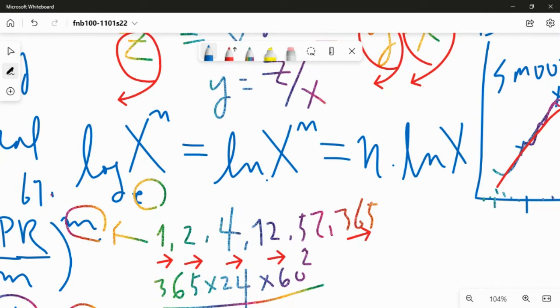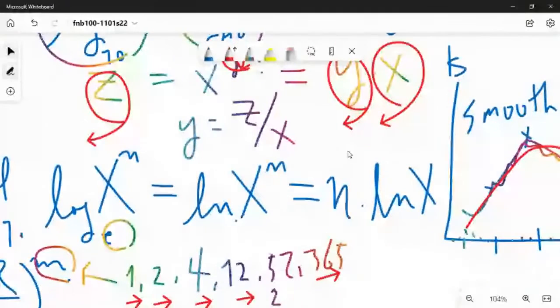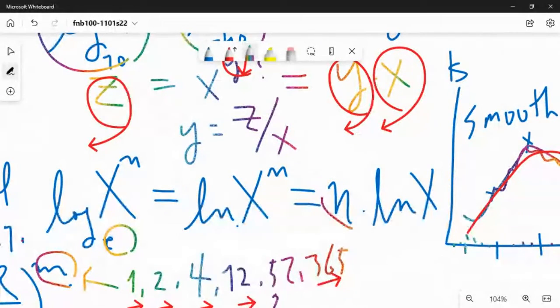This is why, because this helps us to turn a power function into a multiplicative function. And then we can solve for that n, right? We can solve this for n.